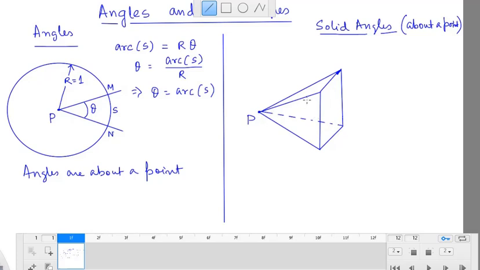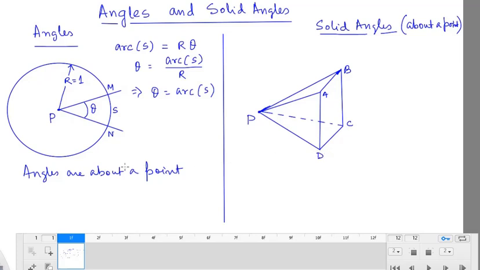So this is the thing which we have constructed. We have joined the edges of this area. So let's name them. Suppose this area is ABCD.